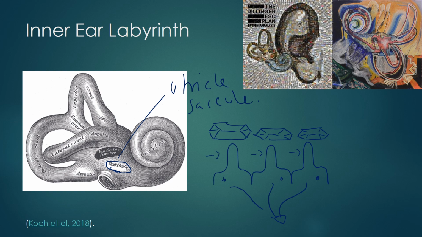Because they're weighted, that allows them then to respond to linear acceleration. So the utricle is sensitive to linear acceleration.